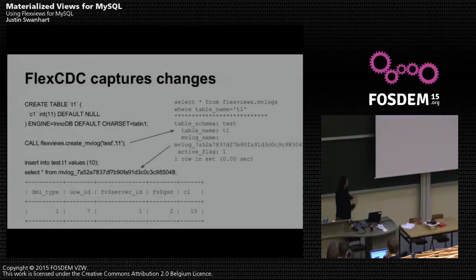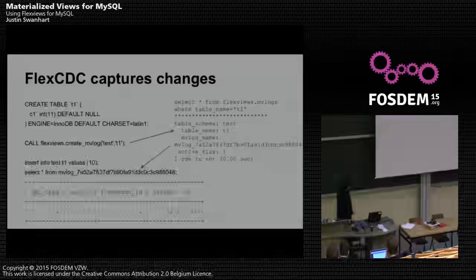So here we have a create table. Let me get my pointer. We have a create table statement, a very simple table, one column. You call flexviews.create_mvlog for test.t1, so we're creating it on test.t1. And then we insert a row into the table, and then we can select from its mvlog, right?